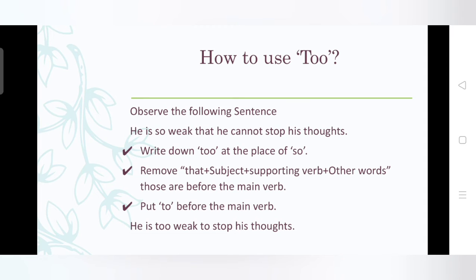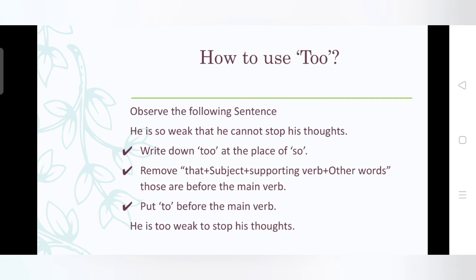So, originally the sentence was, he is so weak that he cannot stop his thoughts. I have used here to. The sentence has become, he is too weak to stop his thoughts.